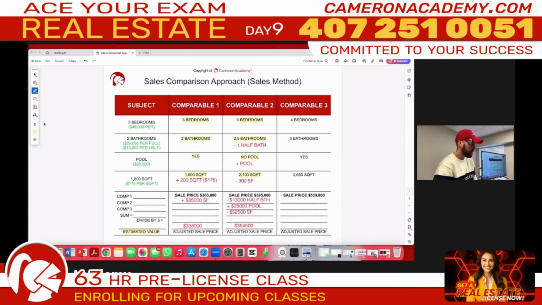Comparable number 3. Maybe this is the only other comparable we can find. You're looking for at least 3, and this is the only one we can find. And we can use it. We just have to adjust. 4-bedroom. Is that the same? No, we need to subtract 1 bedroom.